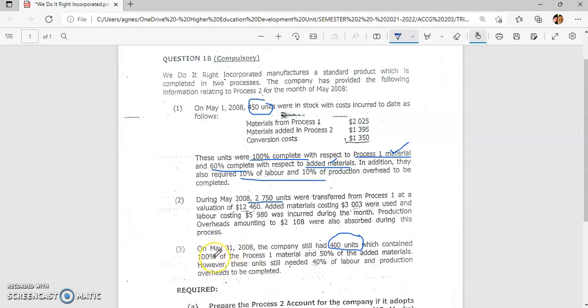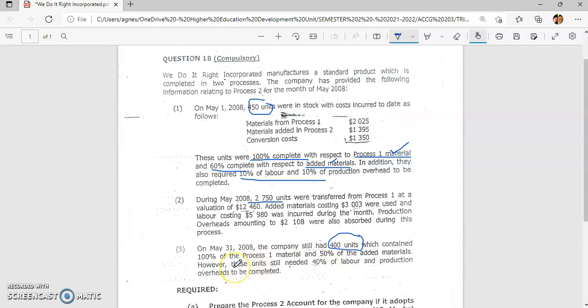So here 100% has been completed. So therefore for process one, our percentage will be 100%. It says that it also contains 50% of the added material. So it means that these 400 units were already completed with 50% of added material. So our percentage for added material will be 50%.